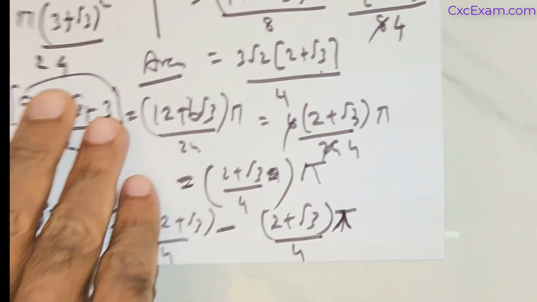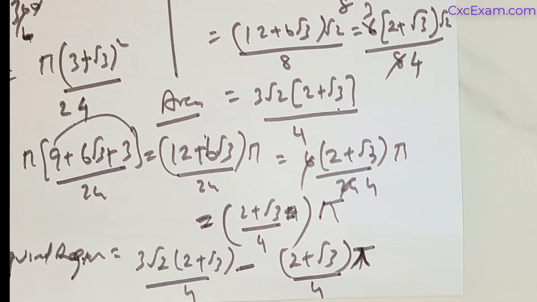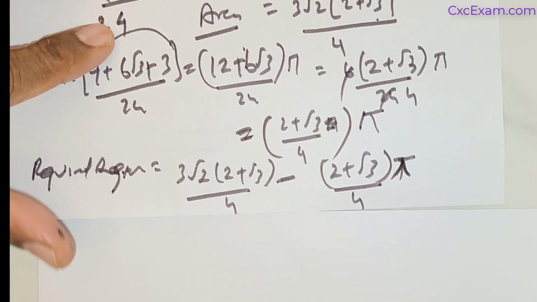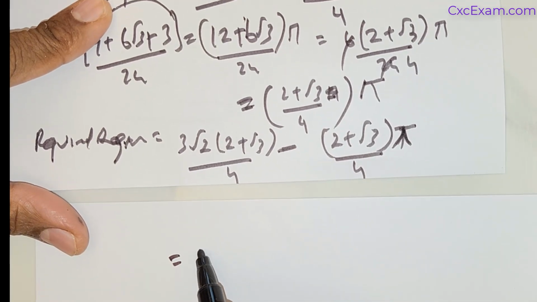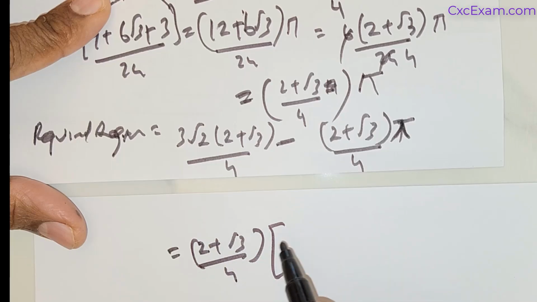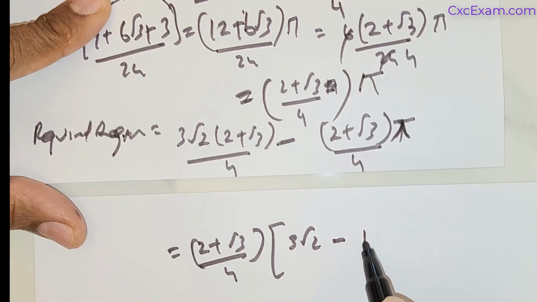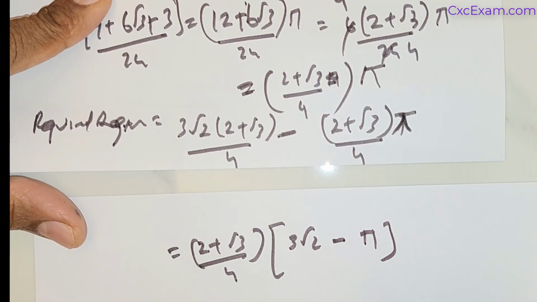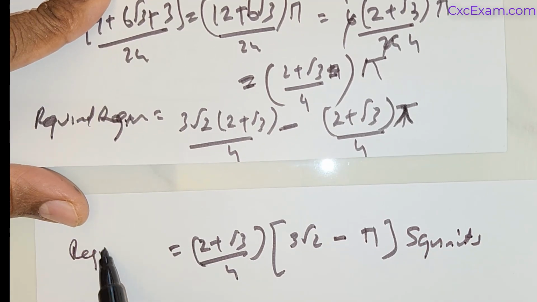So let me move to the other side. I have (2 + root 3) over 4. I take it out as common. So I have 3 root 2 minus pi, square units. So this is the required area.